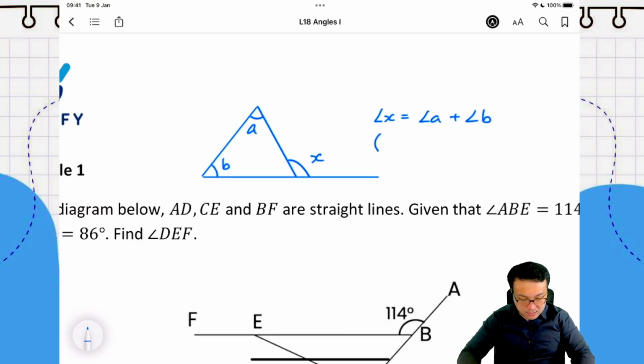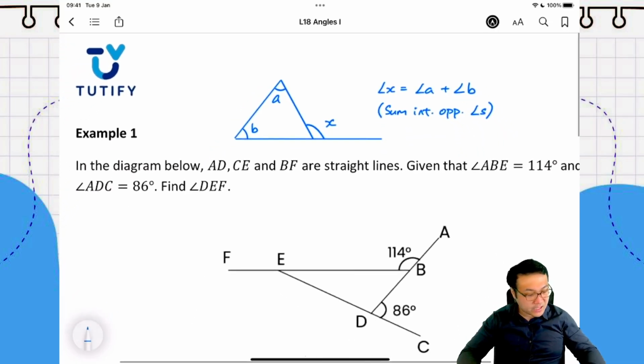This is the sum of the interior opposite angles. The exterior angle equals the sum of the interior opposite angles. So X equals A plus B, okay?